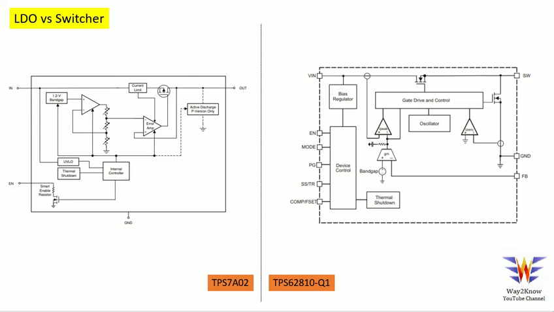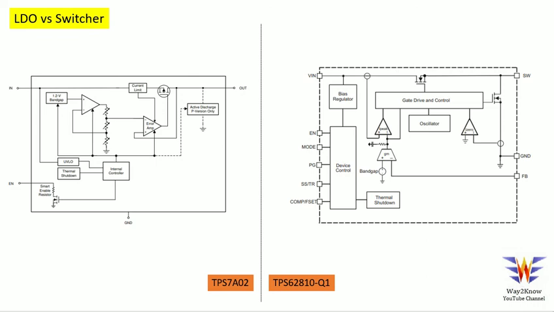Whereas in the switching regulator, the output majorly depends on how we are switching the MOSFETs, and whether the rise and fall of the output are properly maintained or not. So in a typical scenario here, the right side looks very complex and the left one looks very simple.